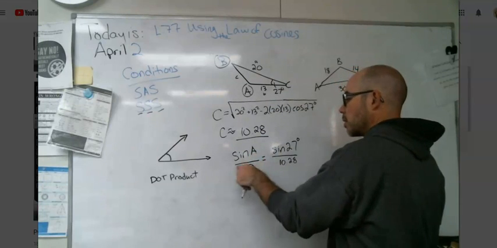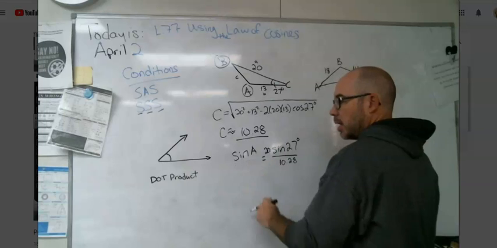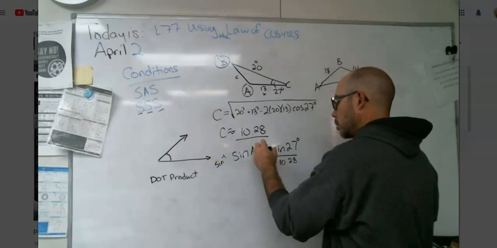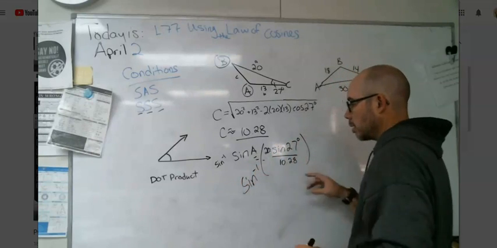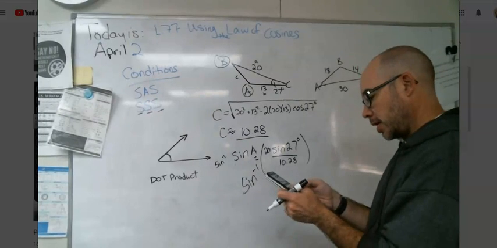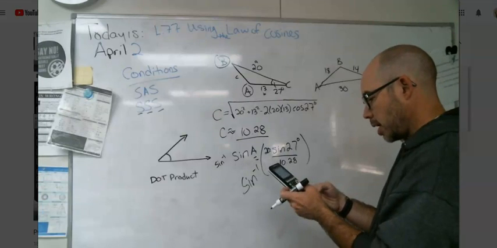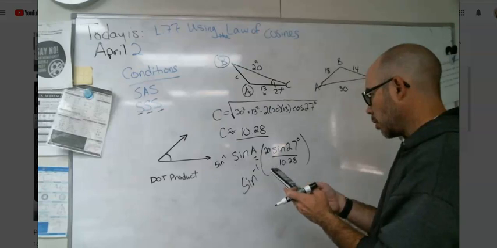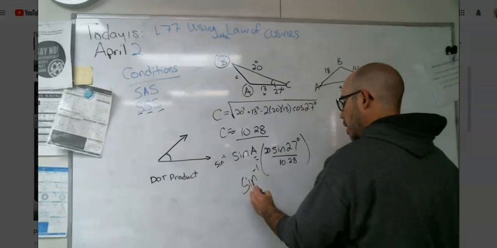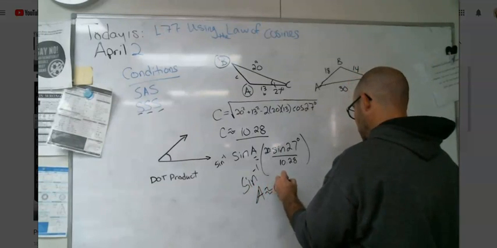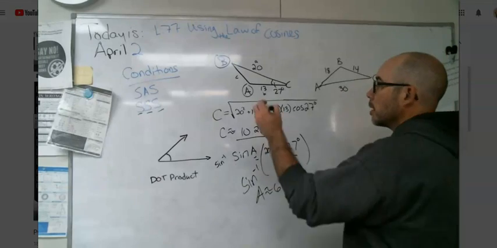I've got to solve for A, so I'm going to multiply both sides by 20, and then take the inverse sine of both sides. So I've got inverse sine, which my calculator is happy to do, of the fraction 20 times the sine of 27 over 10.28, close the parentheses, and that tells me that A is about 62.04 degrees. Okay, that's great.